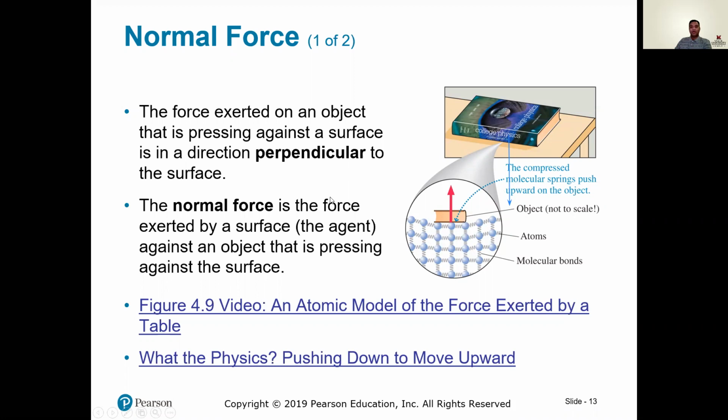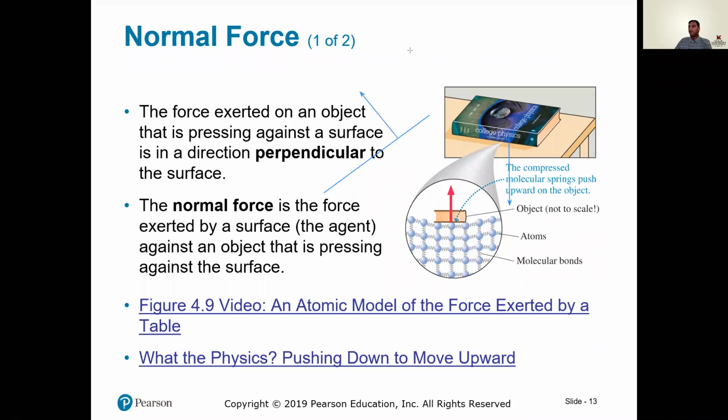And on every solid surface, you're going to see this. It is always normal to the surface, so it is always perpendicular to the surface of the table. Okay. If you have, for example, an inclined plane like this, your force will be perpendicular to this, so in this direction.